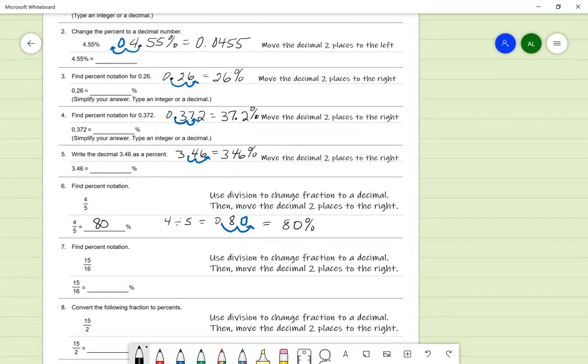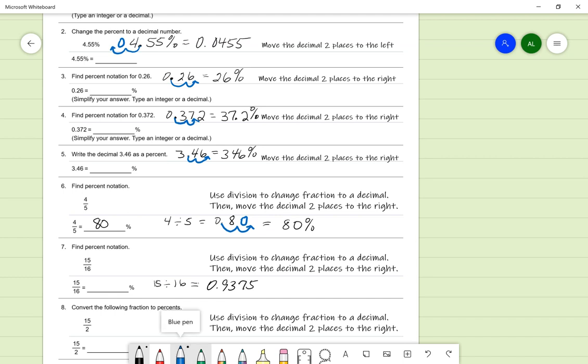And we're going to do the same for number 7. Converting a fraction to a percent, we start by dividing 15 by 16. That gives us 0.9375.